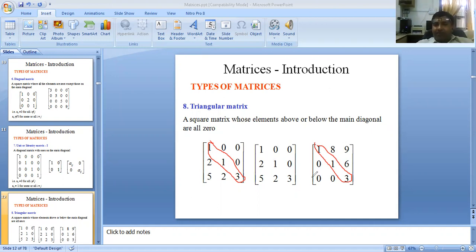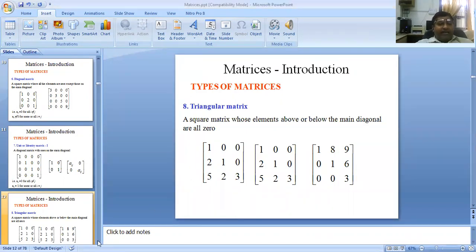I repeat: a square matrix in which all the elements above or below the principal diagonal are 0 is called a triangular matrix.